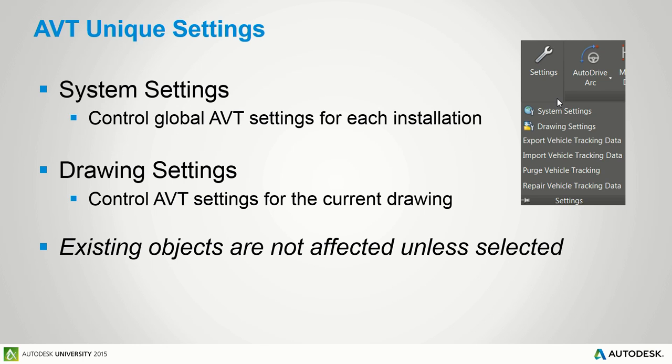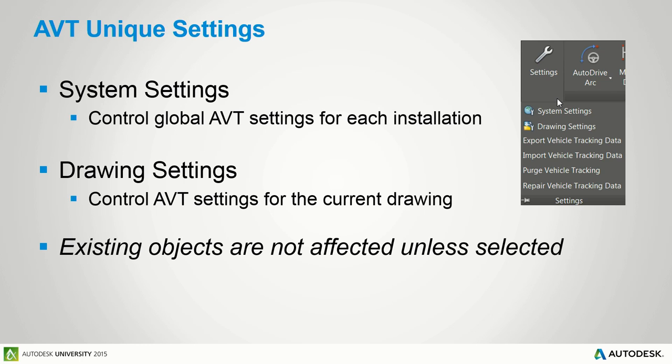So using vehicle tracking, we have two different settings: system settings and drawing settings. I will not go into this deeply now, because you will see later on why I'm using vehicle tracking. I will show you which settings are important and necessary for different parts of the design.